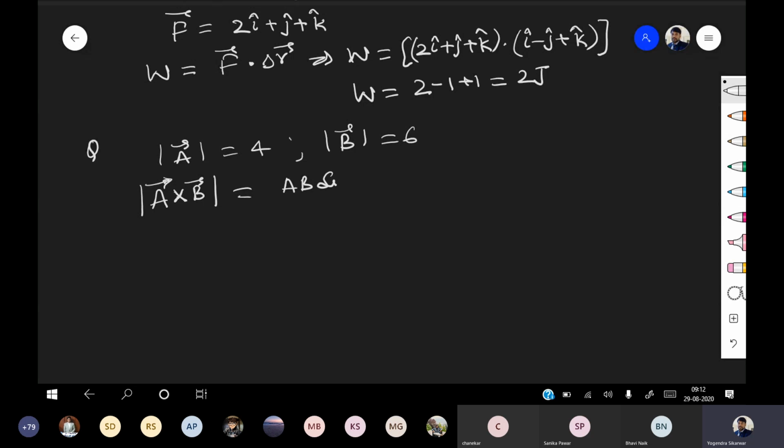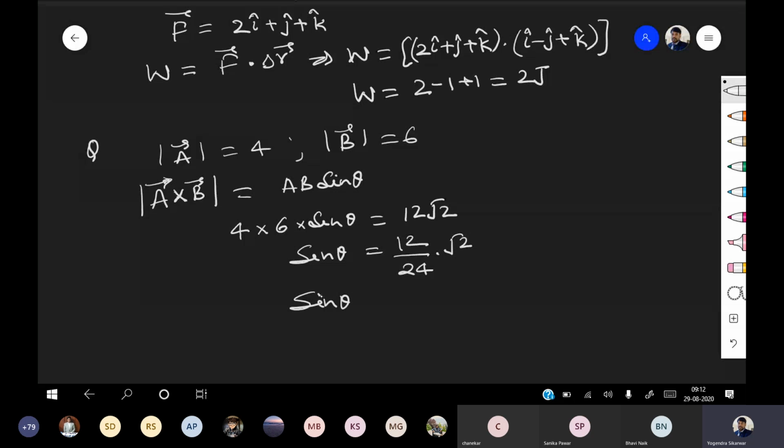So the magnitude of A cross B is equal to AB sin theta. Let us put the values in this and see what we get. A is 4, B is 6, into sin theta, and that is equal to 12 root 2. That gives sin theta is equal to 12 upon 24 root 2, so sin theta is equal to 1 by root 2.